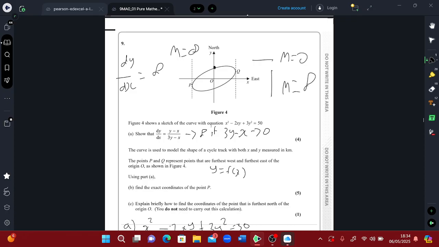Really stare at the graph. Furthest north. So it's not that point actually, that's wrong. Furthest north, obviously, is the highest y coordinate. So actually, it's not there. It's around here.